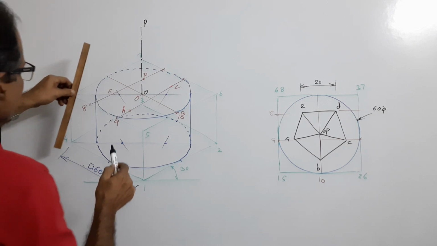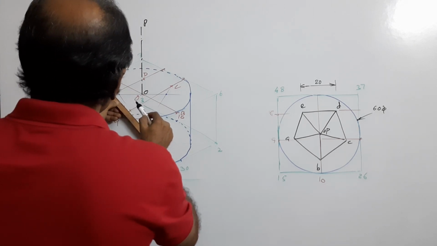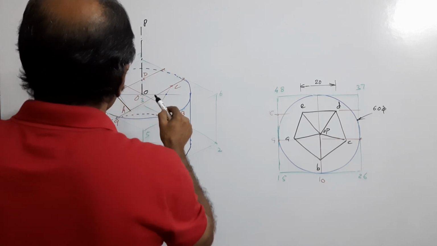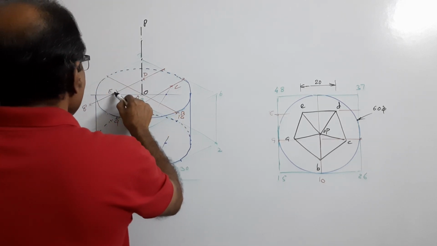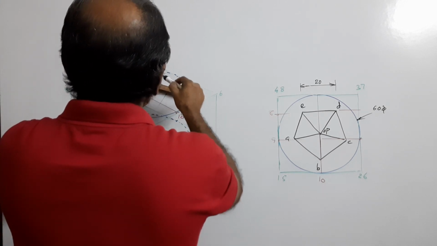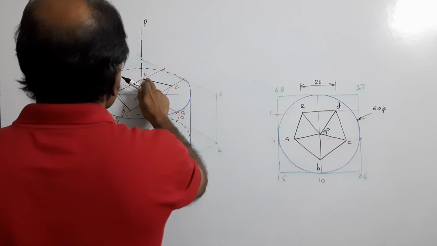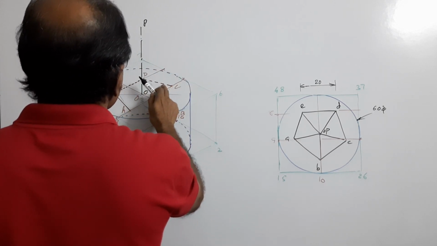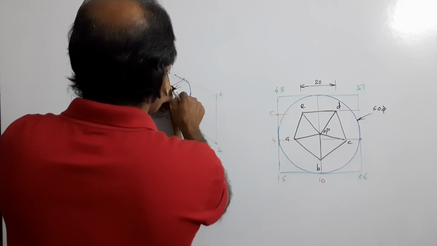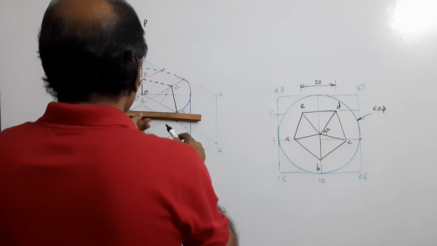Connect them. Connect what? Connect AE, DE by dotted line, CD by firm line. Sorry, DE will also become dotted subsequently. BC by firm line, AB by firm line.